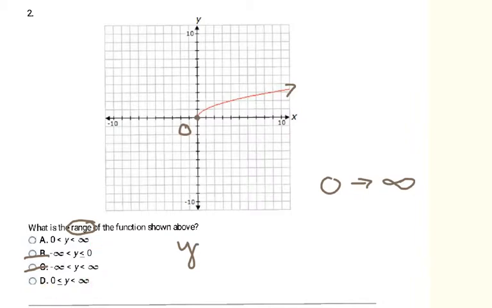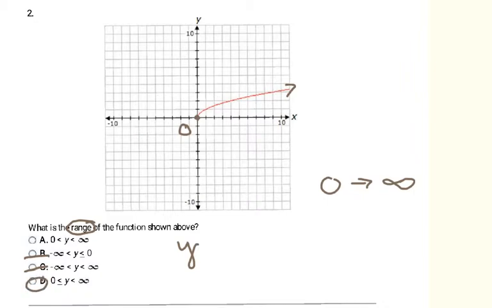The only difference is I have a plain less than symbol in A, and in D I have a less than or equal to symbol. So here, this is saying 0 is not part of the range, and this is saying it is part of the range. So the graph, there's a point there at y equals 0. It exists at y equals 0, so it's going to be D.